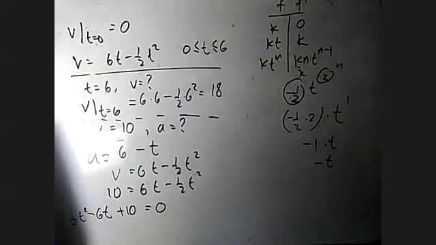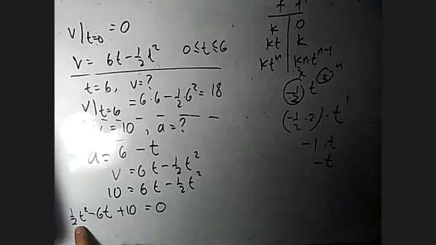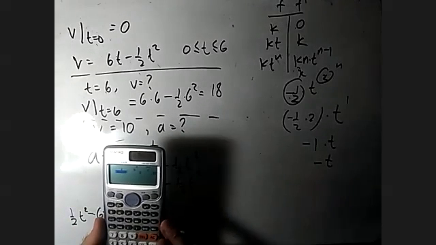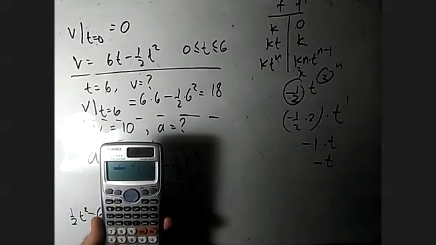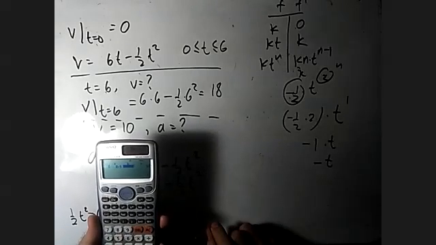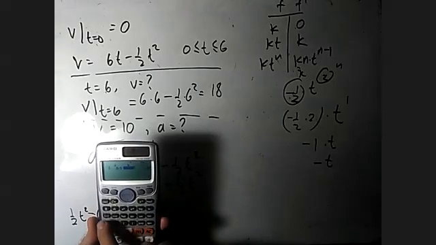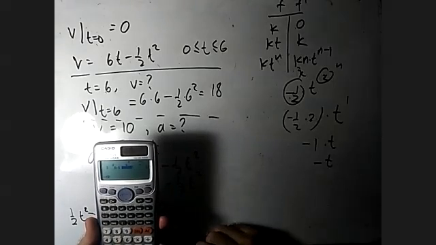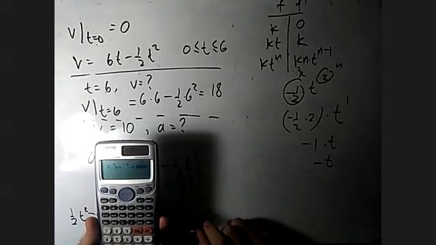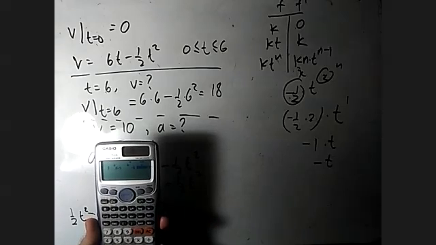A is the number in front of t squared, so that's going to be half. B is the number in front of t, that's negative 6. And c is the number without t, that's 10. So we're going to input the numbers here, put half or 0.5, put equals. B, put negative 6. And then we have C, that's going to be 10.